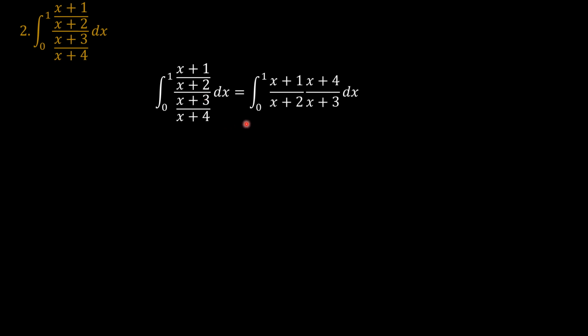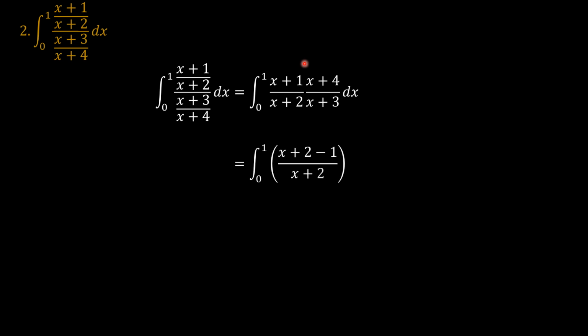When you're dividing fractions, you obtain the reciprocal of the divisor and multiply it by the item you're dividing. And so here, x plus 1 over x plus 2 times x plus 4 over x plus 3 from 0 to 1 would be our integral.